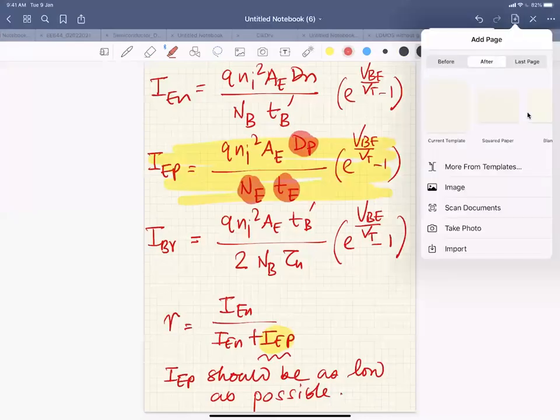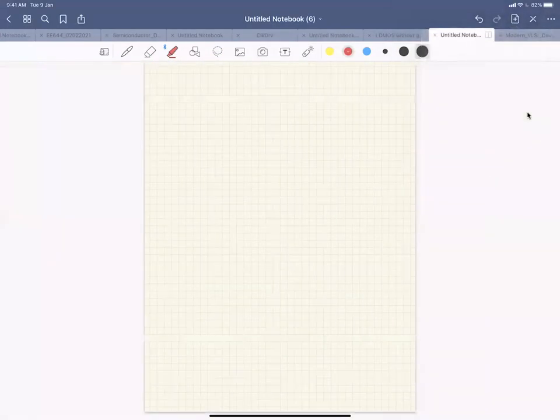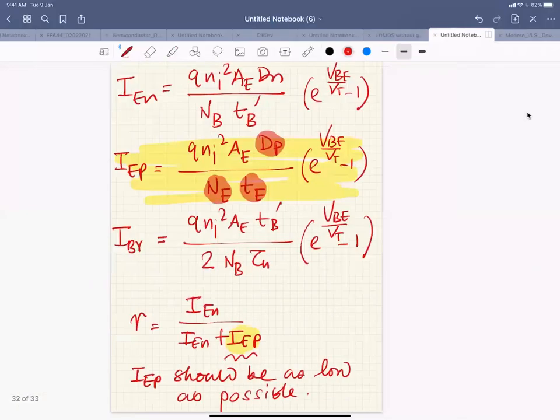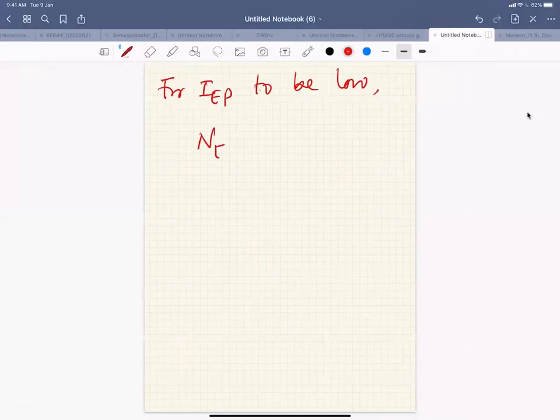So what I have to do for IP to be low is increase my NE and increase my T_E. These are the two things. If you are a device designer, you have only these two options, right?